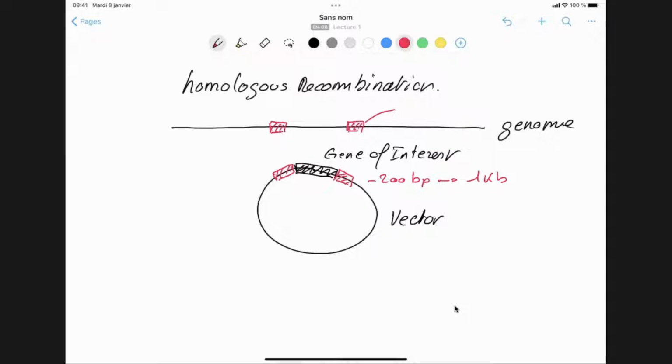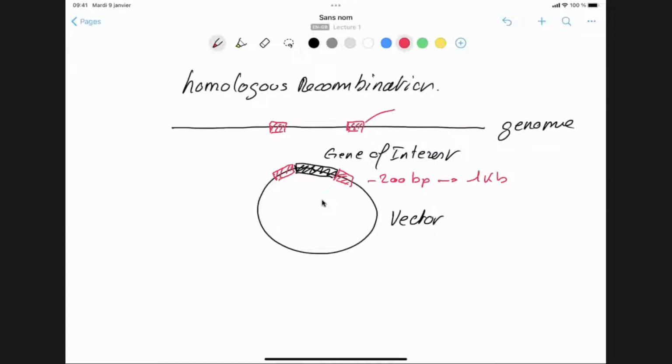So you want to transfer this gene of interest to this place, not there. You take one sequence from one side and another from the other side of the target locus, and you put those sequences on both sides of the gene of interest contained in the plasmid.